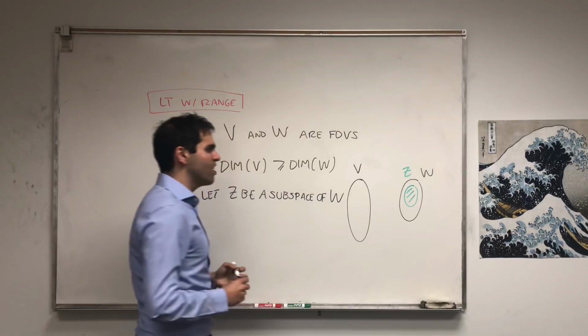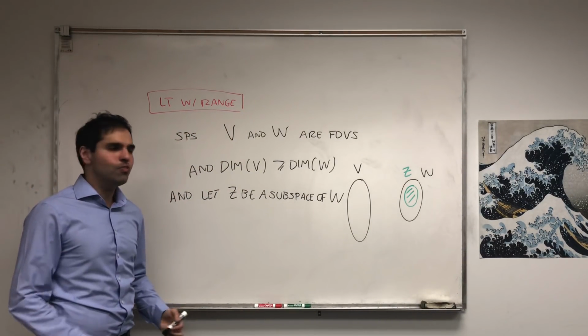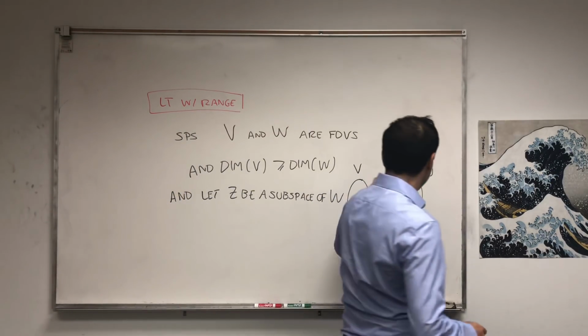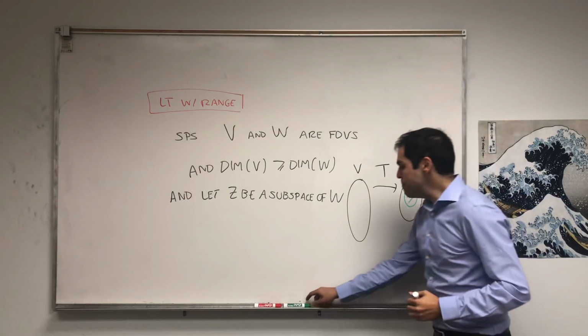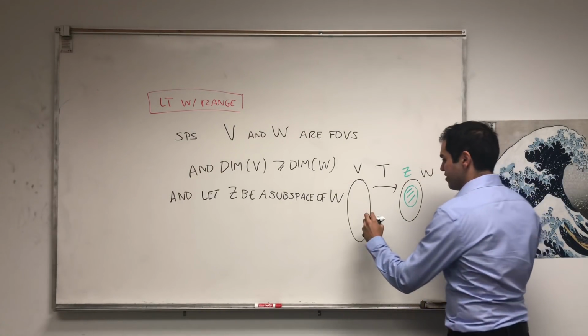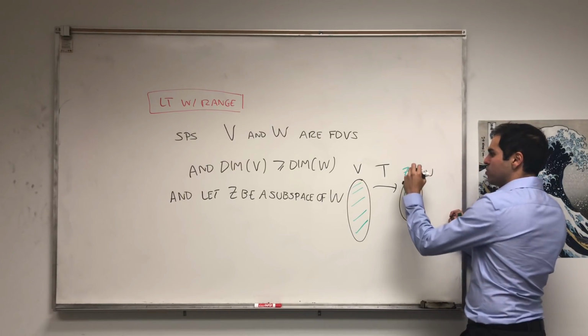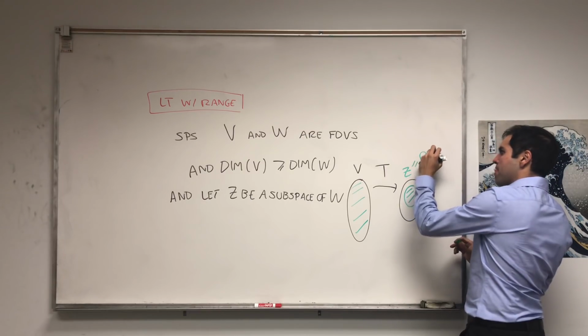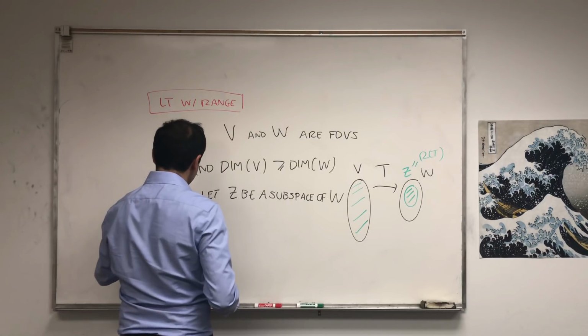Then here's the cool thing I want to show. I want to show that there is a linear transformation from V to W that takes all of V and maps it to Z. So it takes all of V and its image is precisely Z. So show, by the way, there are many of those.